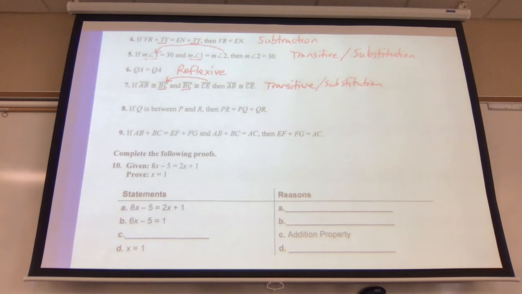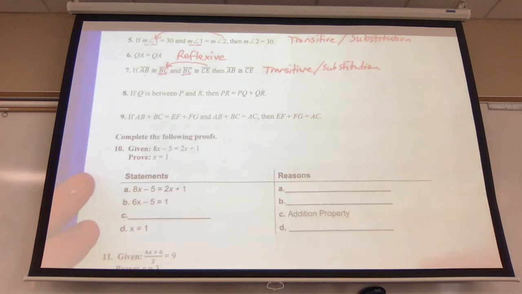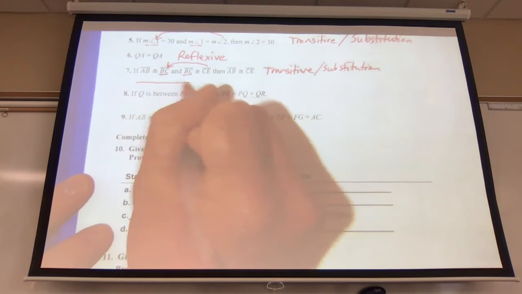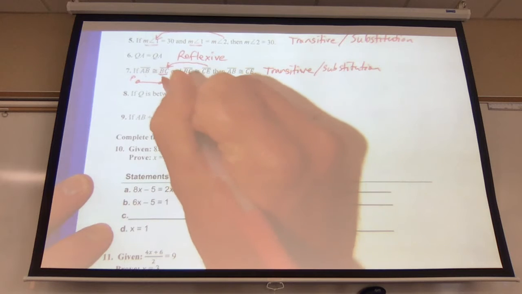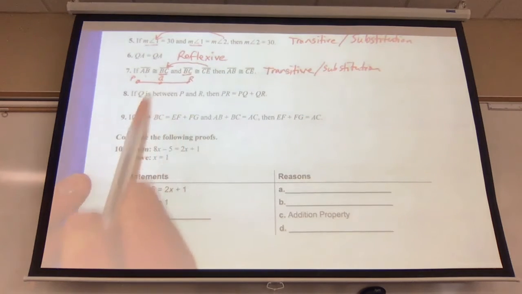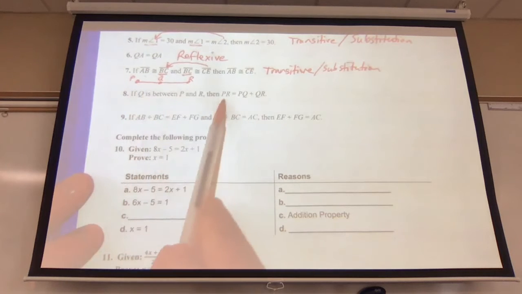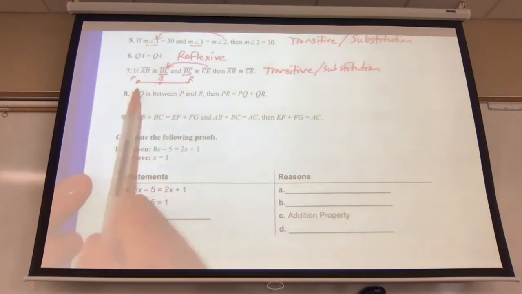Number 8 says if Q is between P and R, then PR equals PQ plus QR. Now, if you look at the if part, Q is between P and R. If you drew a picture of that, I'll kind of squeeze it in right here. We're going to put Q between P and R. And then it says to get PR, the entire segment, you would add PQ, this little one, plus QR, this little one.